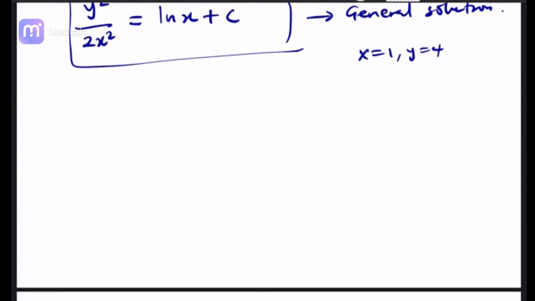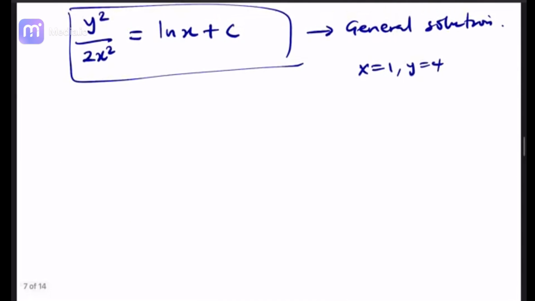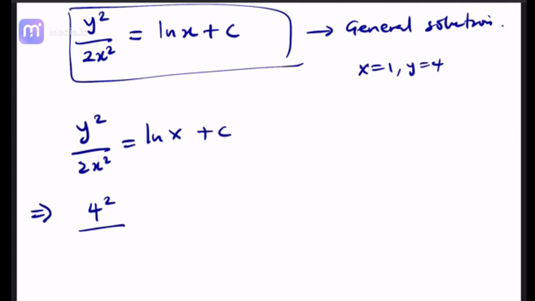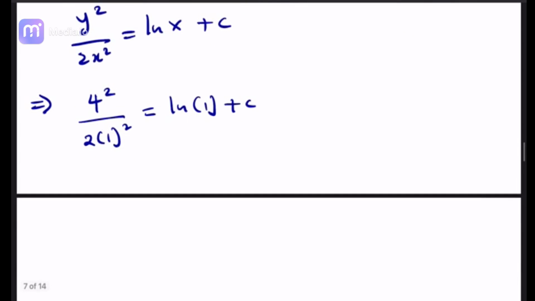Now for the particular solution, all we have to do is to substitute. We have y squared over 2x squared is equal to ln x plus c. This would give us 4 squared over 2 times 1 squared is equal to ln 1 plus c. So we have 16 over 2 is equal to ln 1 plus c.